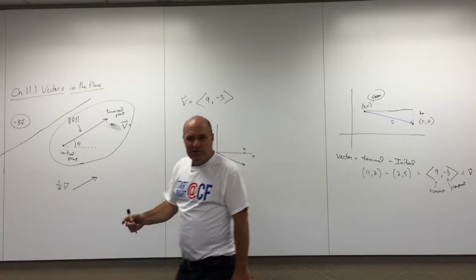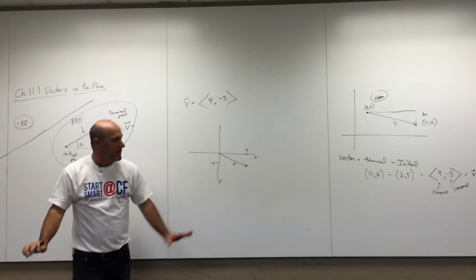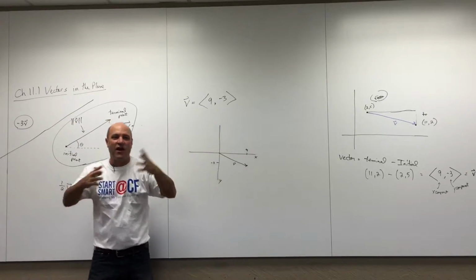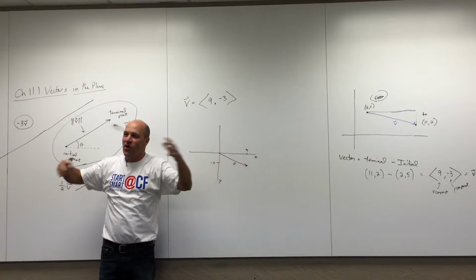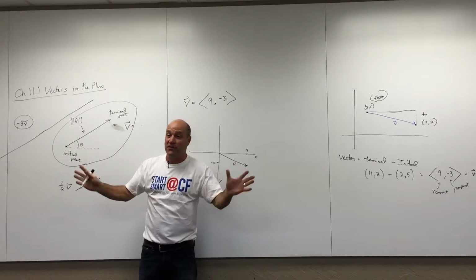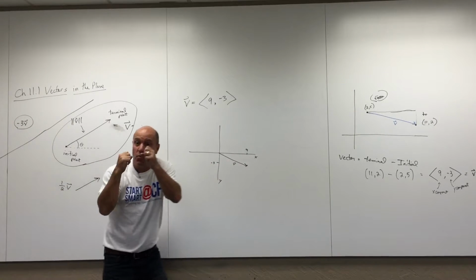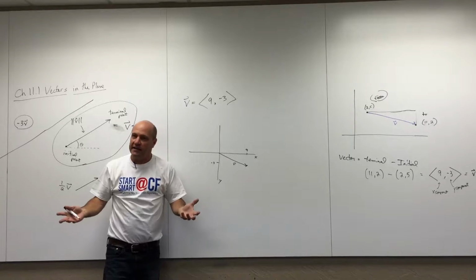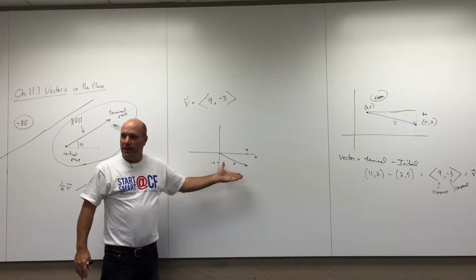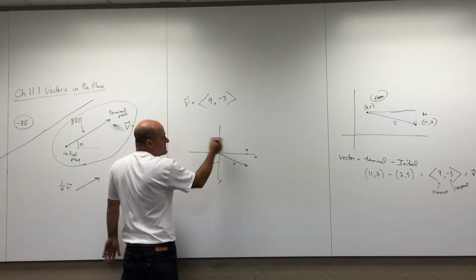So what I'm stumbling into here, this is always kind of tough for me to explain, is that when you talk about a vector 9, -3, it's kind of like a whole family of vectors. It's the whole family of guys that go over 9 and down 3, regardless of where they start. But we sort of represent him by this one. We all decided that when you want to draw him, just draw him from the origin. But in reality, this vector kind of represents everybody.